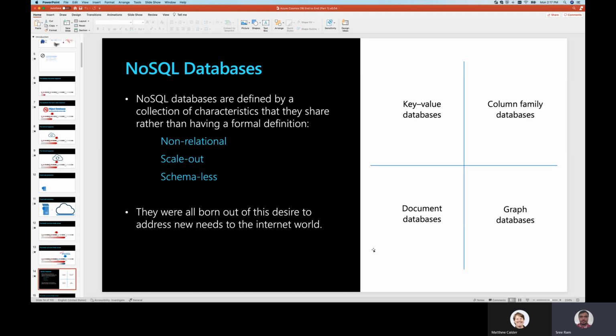And some of those characteristics are they are non-relational in nature, they have scale out, and they are schemaless. So these things are all born out of the desire to address all these new needs of the internet world, namely the ability for the applications to cache key value pairs in the memory a lot faster.